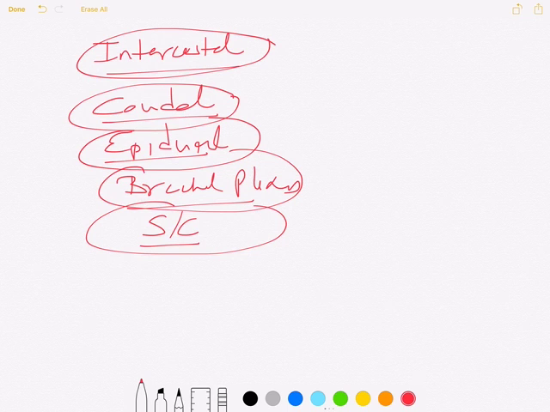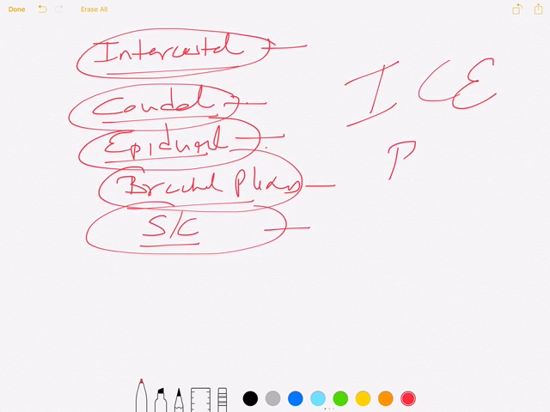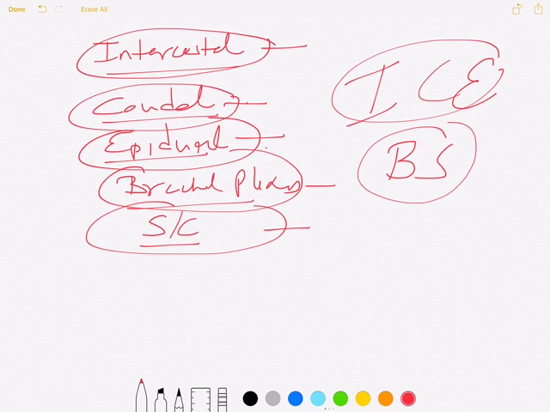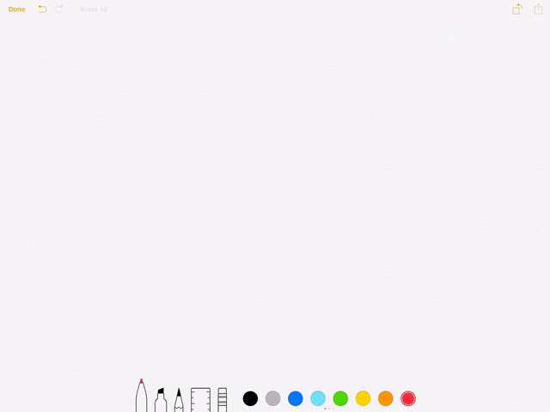So chances of toxicity are highest by the intercostal route, then caudal, epidural, brachial plexus, and subcutaneous. So you can say ICE BS. Okie dokie, that's something.